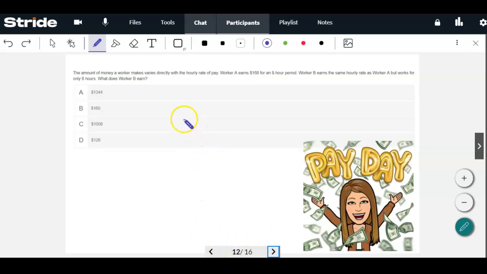All right, so this one says the amount of money a worker makes varies directly with the hourly rate of pay. Worker A earns $168 for an 8-hour period. Okay, so I'm going to make this our y, this our x. It varies directly, so we're going to do y over x, 168 over 8. When you divide that, remember that is our k, our constant, 168 is going to go 21 times.